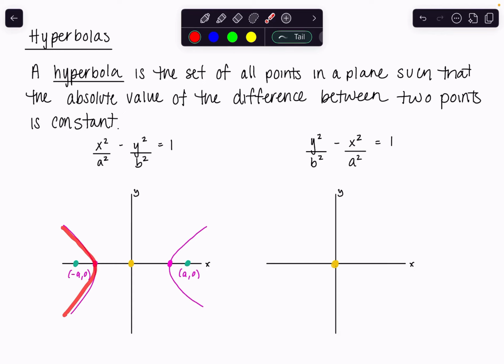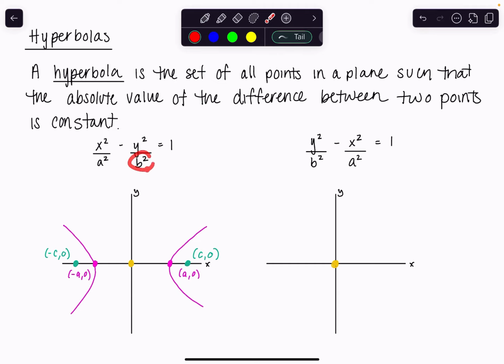Here, because the hyperbola is going to open in this direction, you're wrapping around, but it has to go in opposite directions. So the idea is if I take this point here and look at the distance between it and the two foci, and then take a different point here and look at the difference between that point and the two foci, that difference should be constant. These points are still going to deal with some value of c. So in this case, this would be (c, 0) and (negative c, 0).